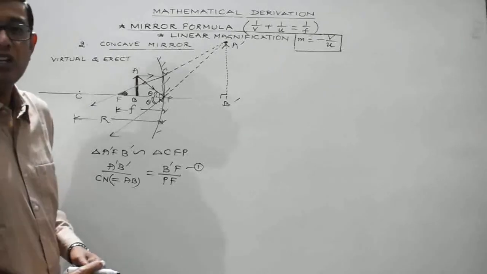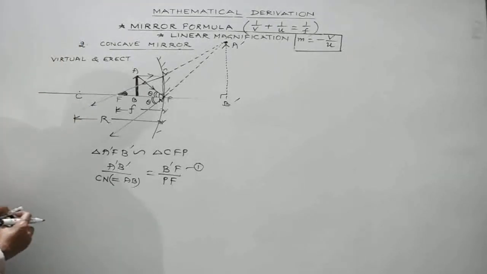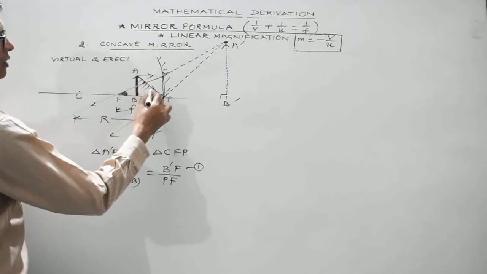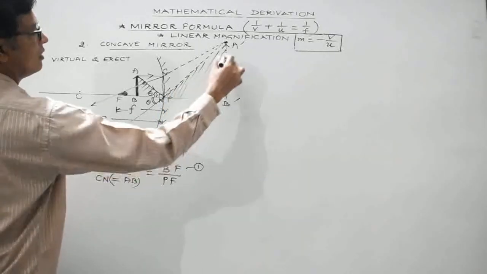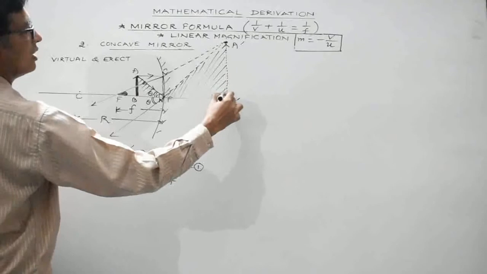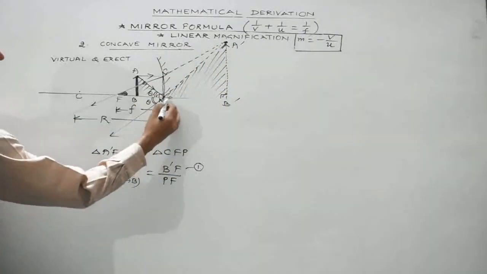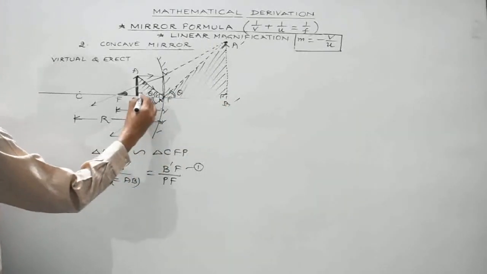Now we have to choose another pair of triangles as well, right? For that, consider these two triangles, this one and this one. I am shading it so that you are easily able to identify the triangles which I am considering. Now look, this angle is equal to this angle, vertically opposite angles. This is 90 degrees, this is also 90 degrees.